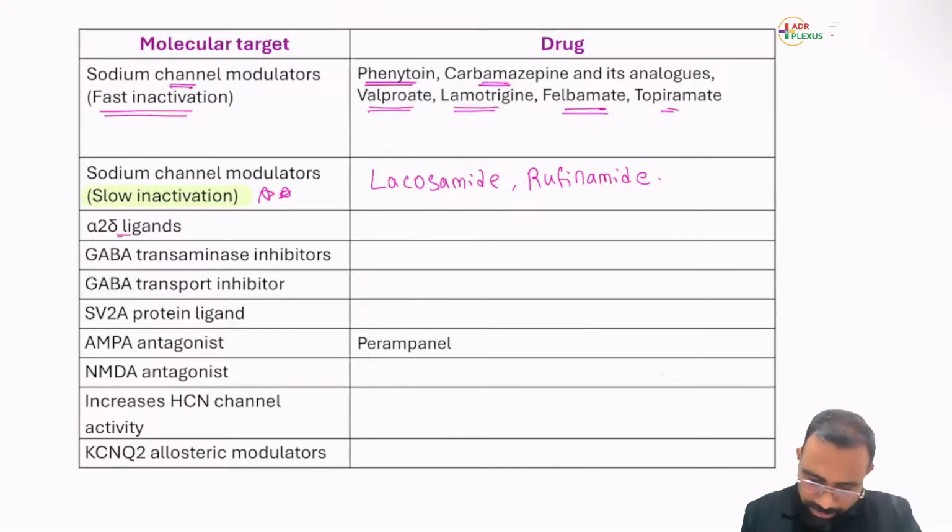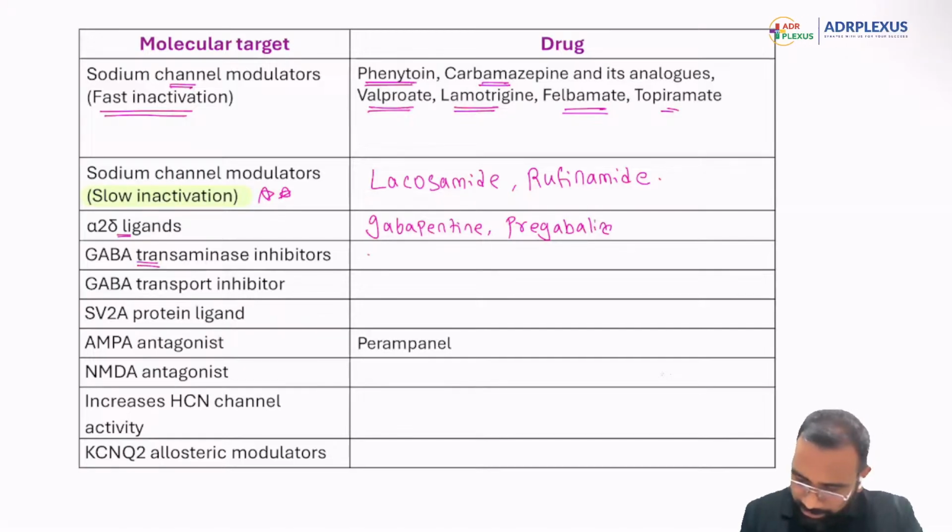And alpha 2 delta ligands are nothing but gabapentin and pregabalin. GABA transaminase inhibitor, that is vigabatrin. Next, GABA transport inhibitor, that is tiagabine.